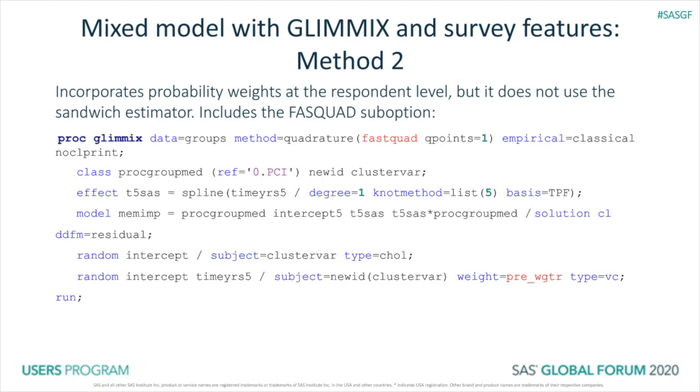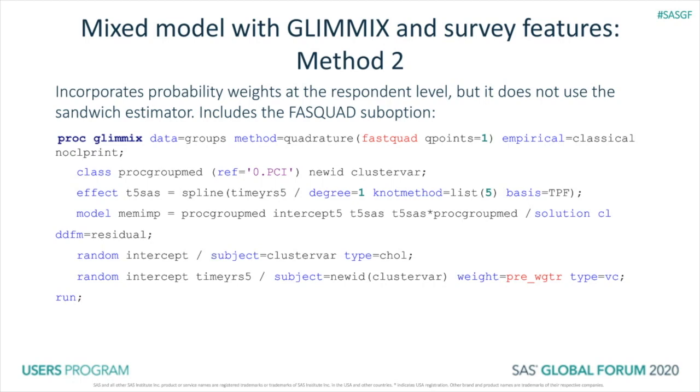This option within the quadrature algorithm allows us to reduce the number of random effects that the model needs to fit. In reducing the number of random effects, this in turn reduces both the computational demand and memory usage, and consequently we have shorter running time.